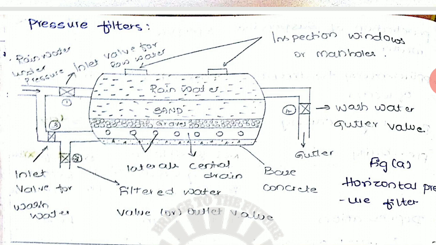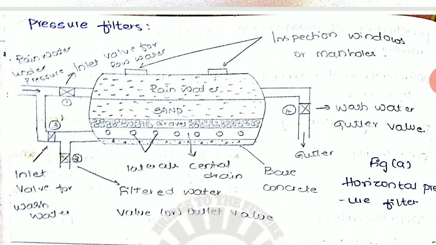And on top of this cylinder, two lids are provided, that is, one is the valve for the raw water and the second is the inspection window or manhole. The inspection window is nothing but the manhole.